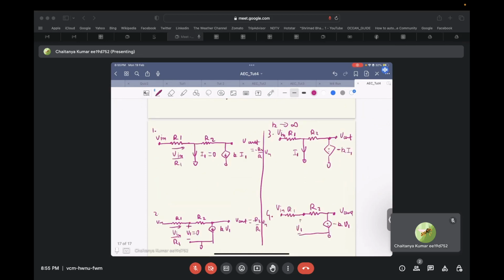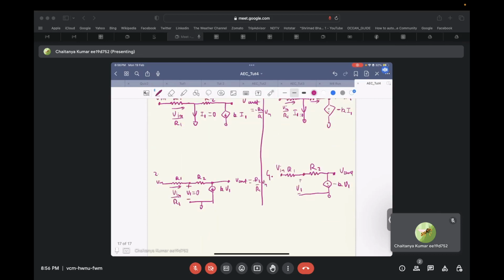In the third circuit also, I1 will go to 0. So the current, that is V in by R1, will flow through R2 also, and output will be equal to minus of R2 by R1 times V in. In the fourth circuit, again, negative feedback, K goes to infinity, V1 is equal to 0.